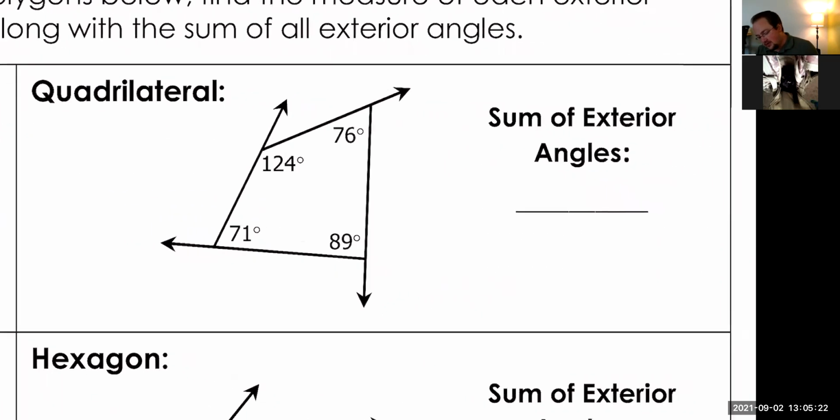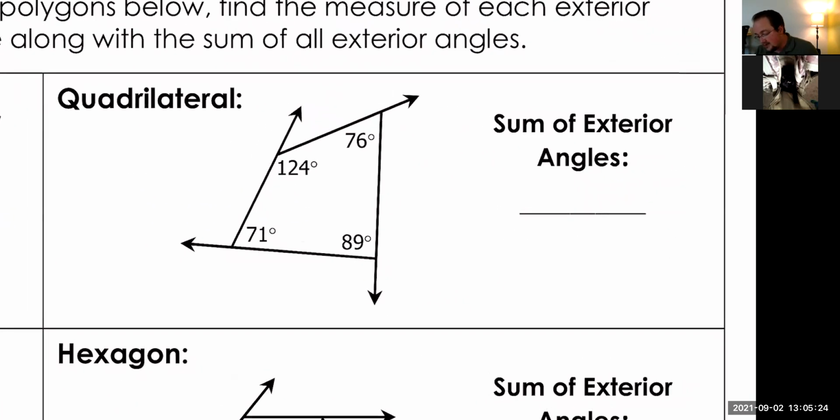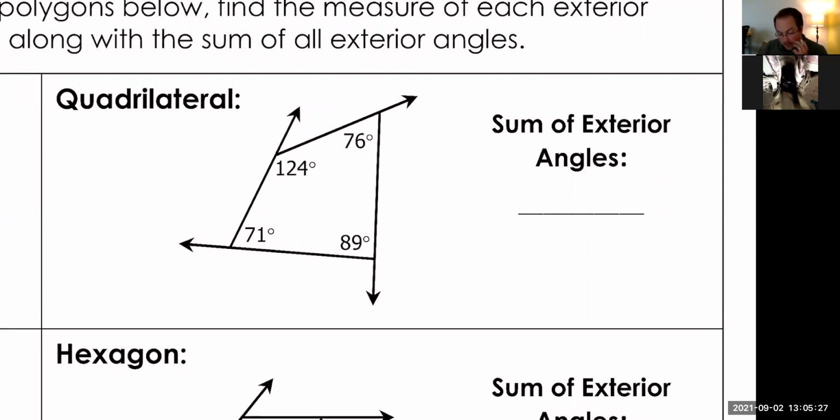Jumping over to quadrilateral, same little exercise. This time there are 4 exterior angles to work our way around. I'm going to start up there by that 124 degrees. Its exterior angle would be 56 degrees. Then going clockwise from there, the 76 degrees has an exterior angle of 104 degrees.